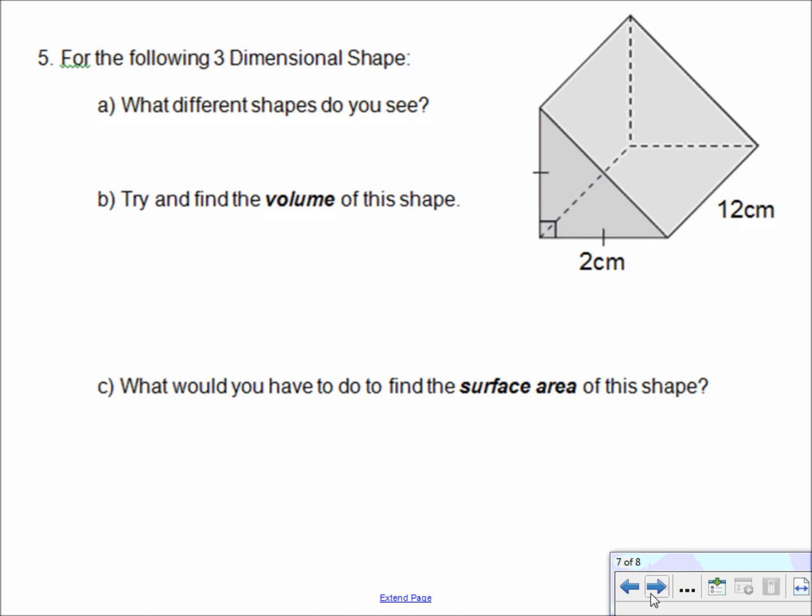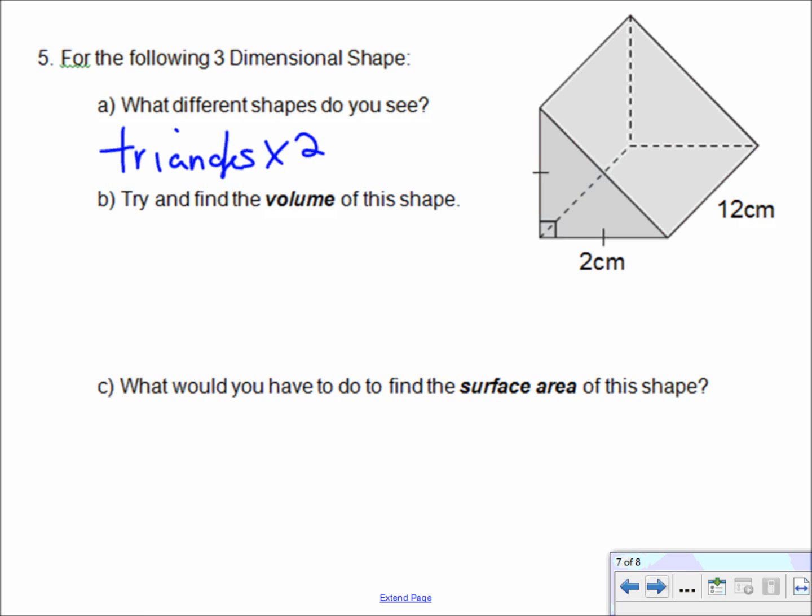Okay. For the following three-dimensional shape, what are the different shapes you see? So what are the different shapes? Yeah, but we want to know specific shapes of the sides. So what side shapes do we see here? We see triangles and rectangles. Times 2.